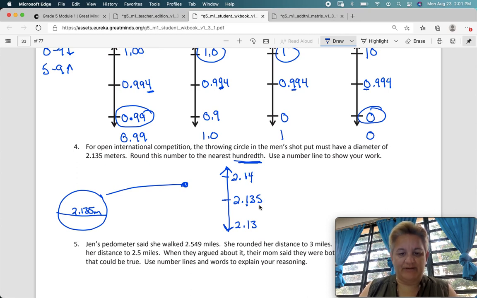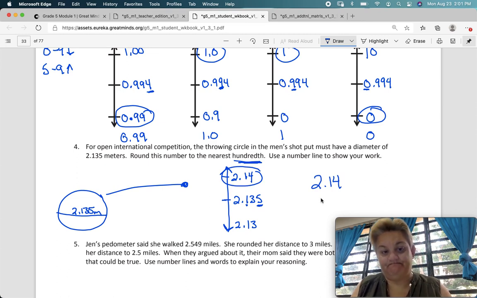And we're going to look at the thousandth place to decide. Are we going to go up or down? Okay, up or down. And that's a 5, so we're going to go up. So our answer is 2 and 14 hundredths. All right, meters. Don't forget your labels.